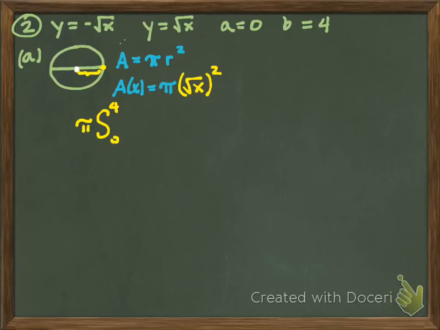Why am I doing that? Because I can. Yes? Okay. So then this is the square root of x squared. Yes? So this is in essence the same as pi times the integral from 0 to 4 of x dx.